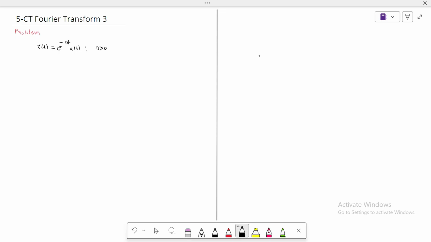Before that, I would like to draw the signal in time domain. So this is an exponential decay signal.